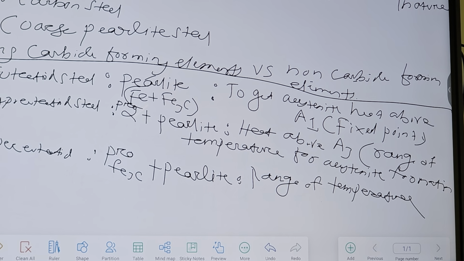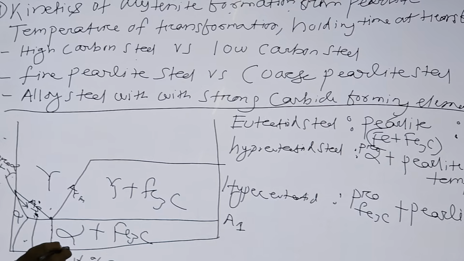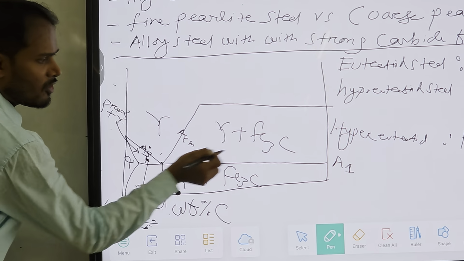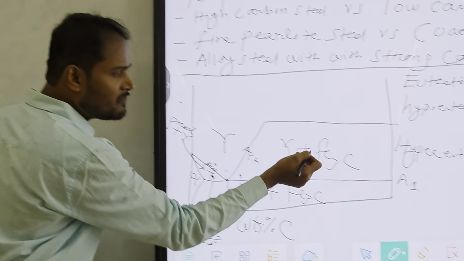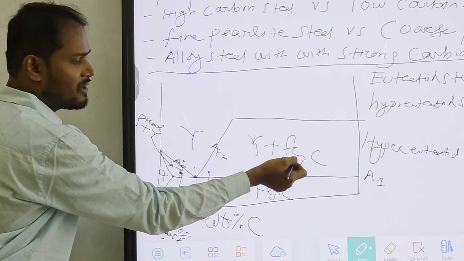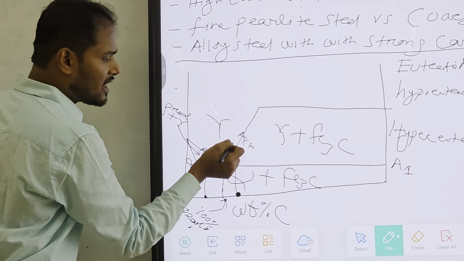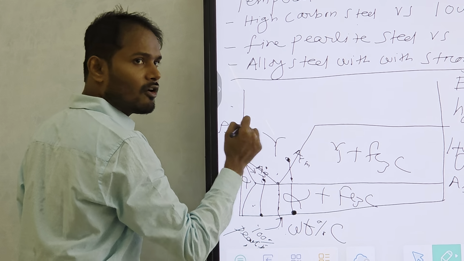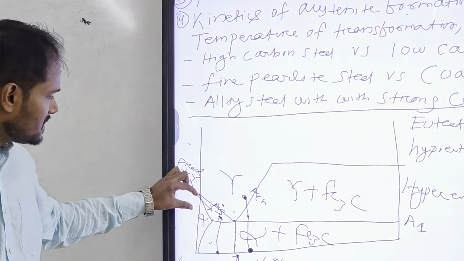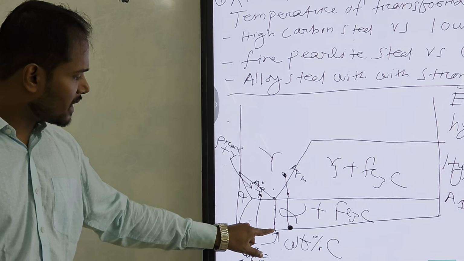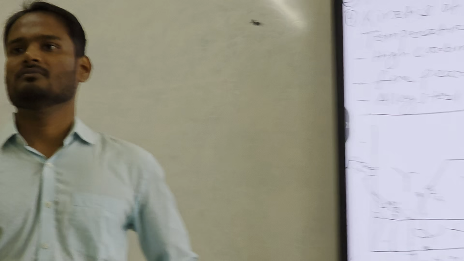Well, just see, suppose you are heating this steel, this is hypereutectoid steel, you just go above A1, you will have a two phase region now. Gamma is forming, but still pro-eutectoid cementite is there. But the moment you reach above ACM, then you will get all austenite phase. So again this is the range of temperature, but for eutectoid steel it is only a fixed point.